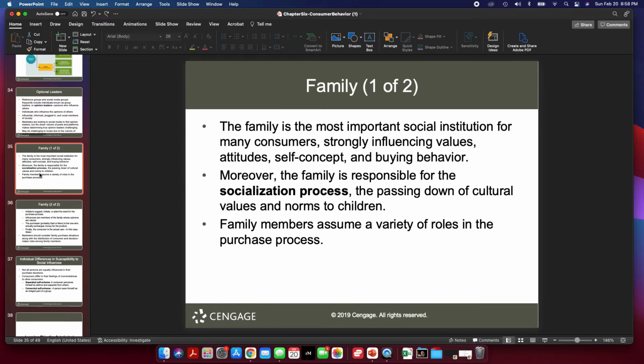Family is the most important social institution for many consumers, strongly influencing values, attitudes, self-concept, and buying behavior. Moreover, the family is responsible for the socialization process, the passing down of cultural values and norms to children. Family members assume a variety of roles in the purchase process.